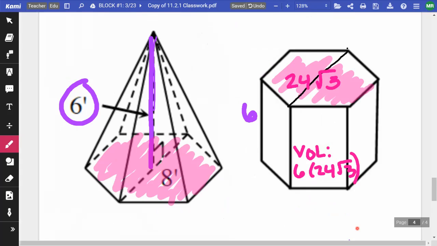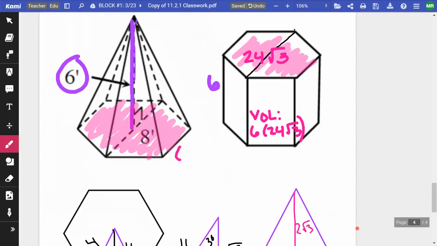But for this one, it's going to be 6 times 24 root 3 divided by 3, because it's a pyramid. We have a third of it. Remember, 3 of these pyramids would fill up one of those prisms. And so when I'm doing that math, 3 goes into 6 twice, 2 times 24, I get 48 root 3.